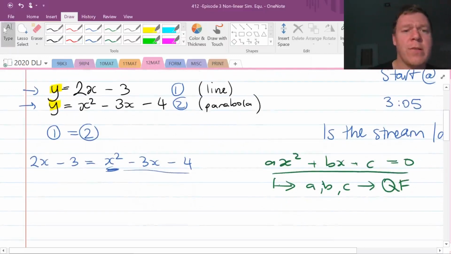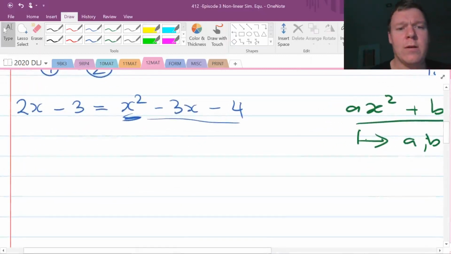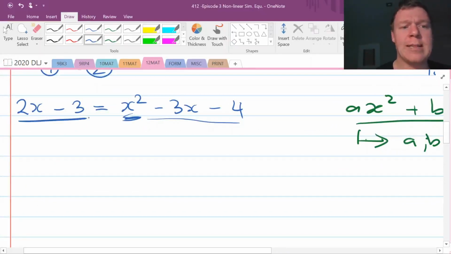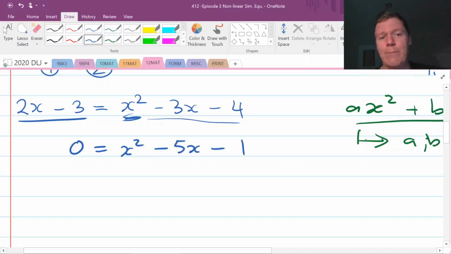So the first step is to move our terms around so that they're all on the one side. We're going to take that 2x and that minus 3 and put them on the other side. Taking 2x to the other side makes it a negative 2x, so that will make negative 5x. And negative 3 becomes a positive 3. So we're going to end up with x squared minus 5x minus 1 equals 0 as our quadratic.